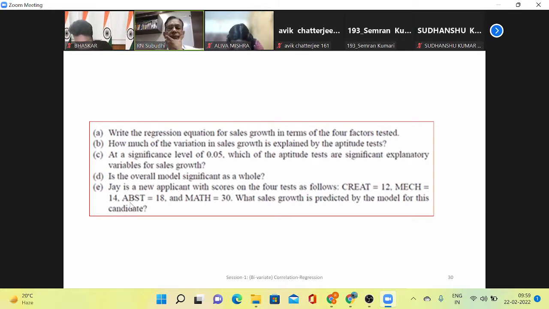Now Simran, what is the meaning of part B? I guess it is saying how much the aptitude test affects the sales growth.